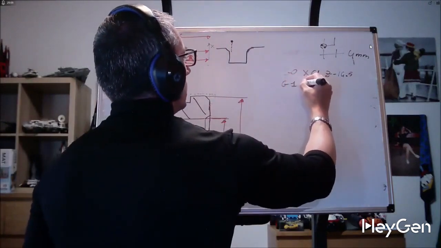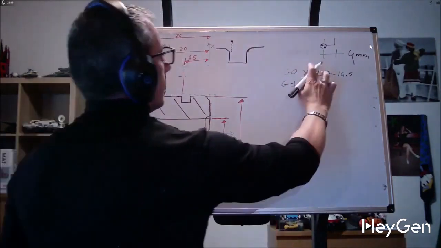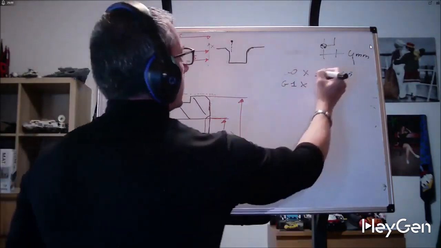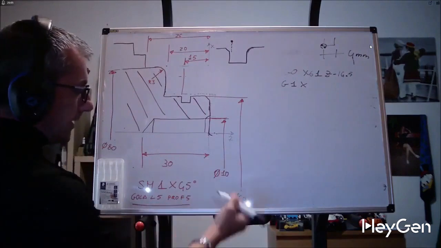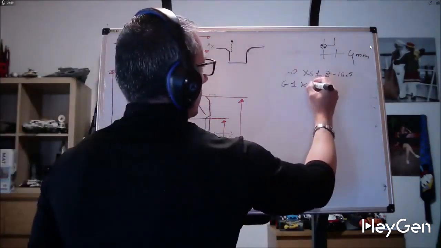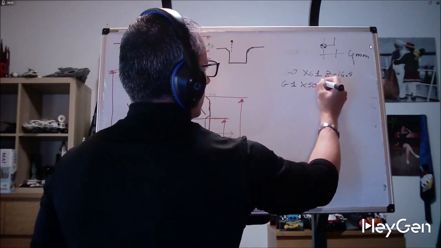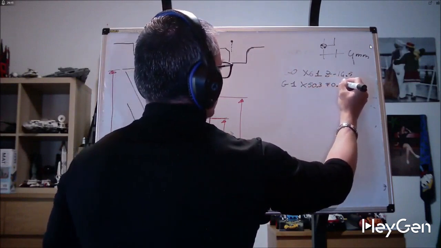G1. Excuse me. 81. 60. Yes, no, written correctly. X. We said that a depth of 5 means that diametrically it is 10 millimeters. We say X50.3, F0.08. Be careful. At 50, we can go there in one go.